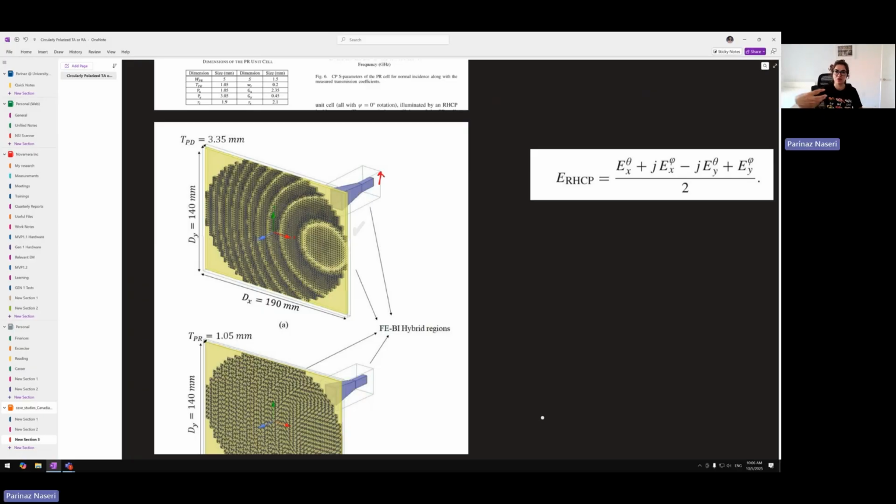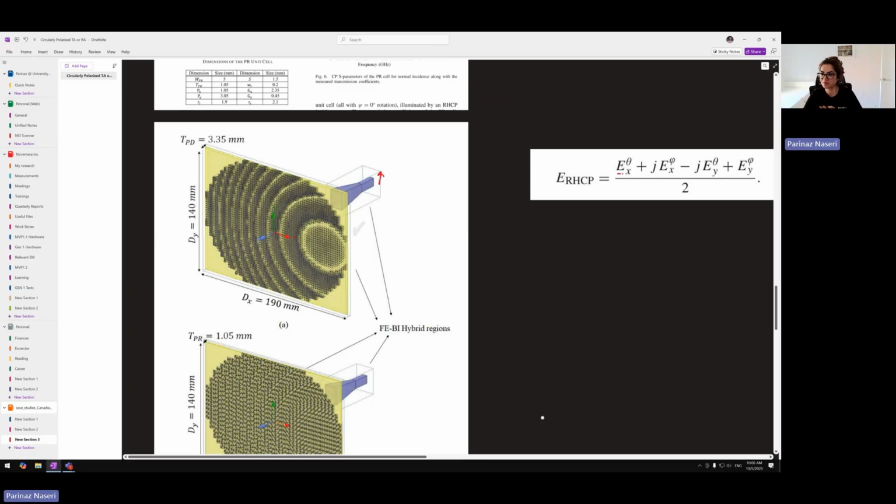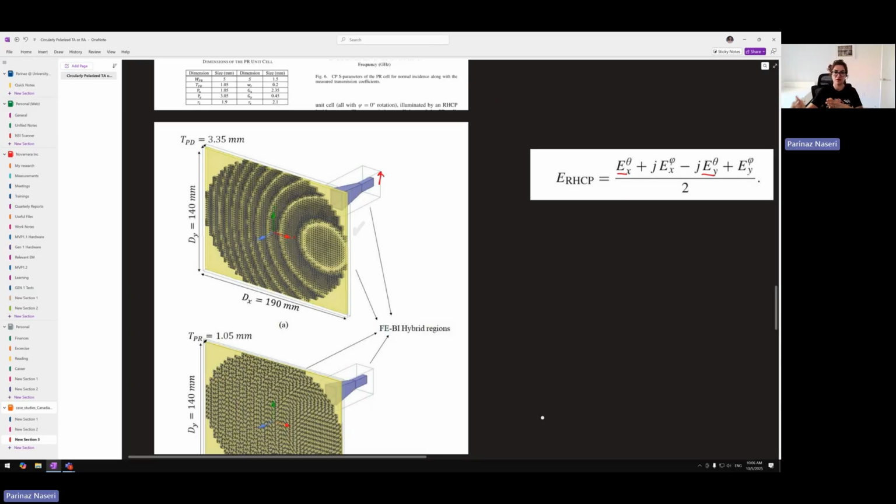If you design it with circularly polarized ones, then because it responds exactly the same for X and Y, a circularly polarized wave would excite it with an EX and EY that are 90 degrees different. So if you have a 90-degree difference before the transmit array, you would have the exact 90-degree difference after the transmit array, because the transmit array has no filtering effect. It would only apply phase difference.